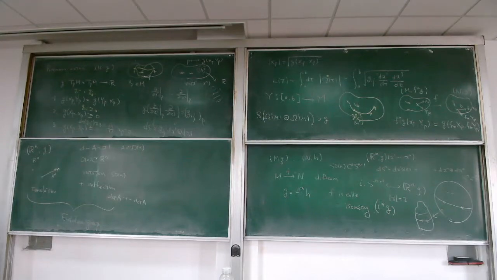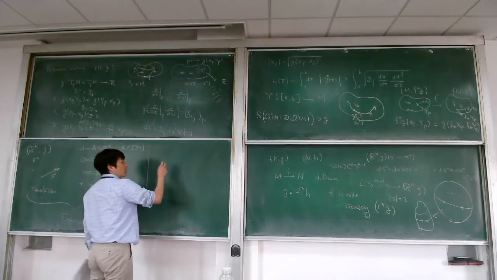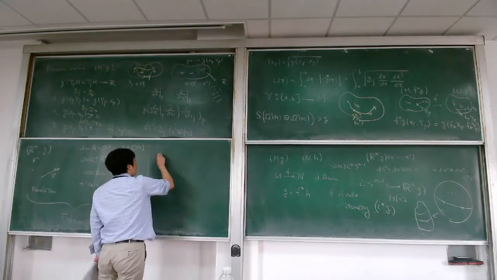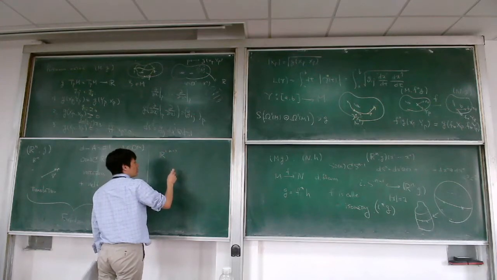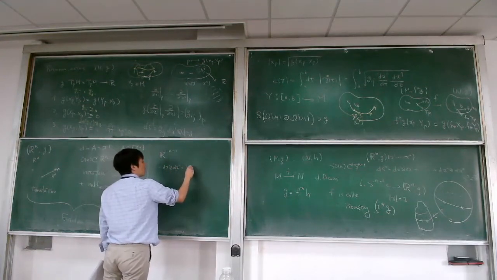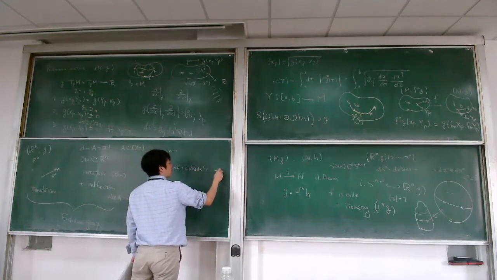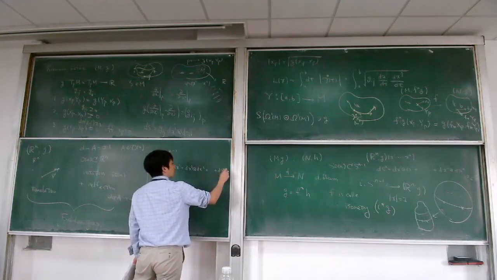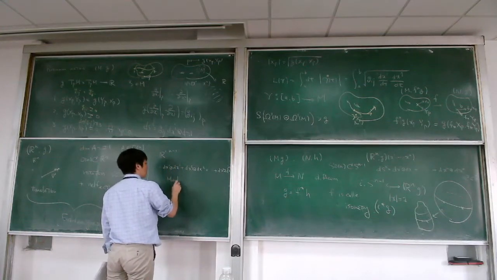In physics, people usually use R^{1,n-1}, depending on notation. This is the Minkowski signature.